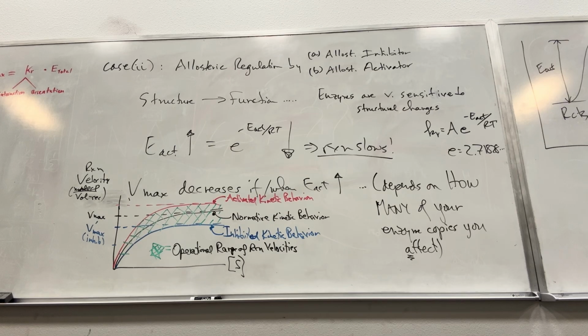So if he was to ask, what's more important, the orientation and interactions of the substrate, or the amount of copies that you have? It's the copies, right? If he was to say, what would affect the speed of the reaction more? The orientation or the amount of copies that you have? You would say the amount of copies.